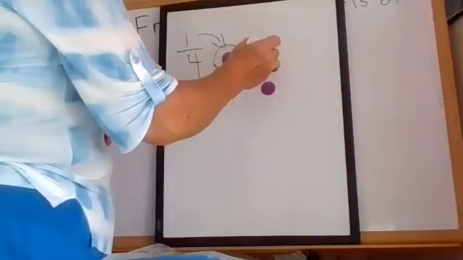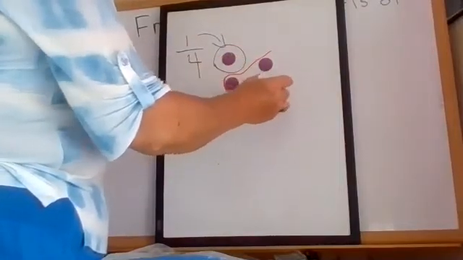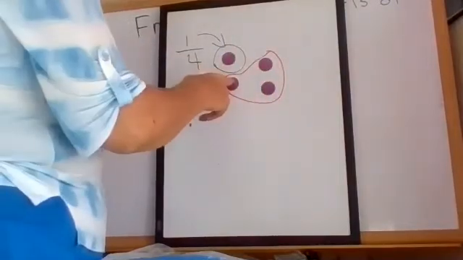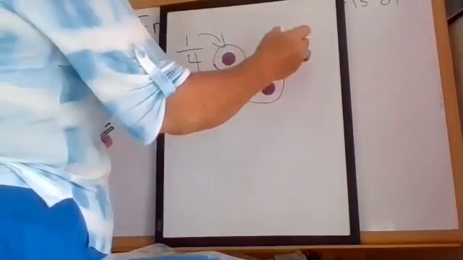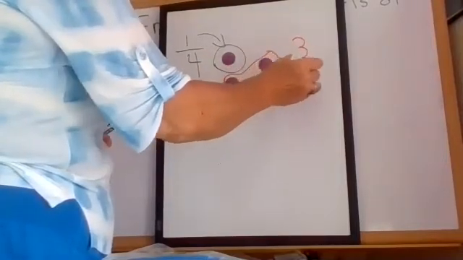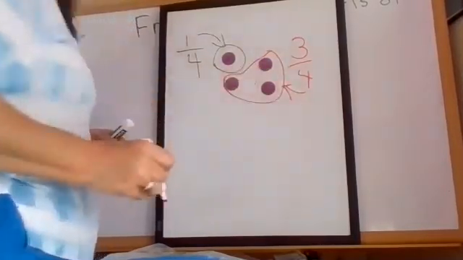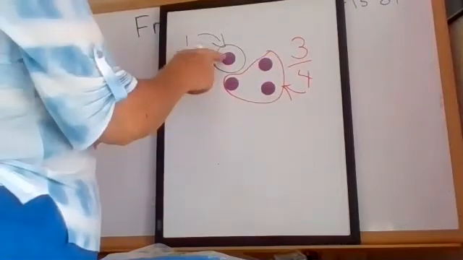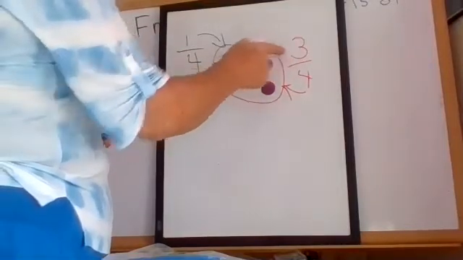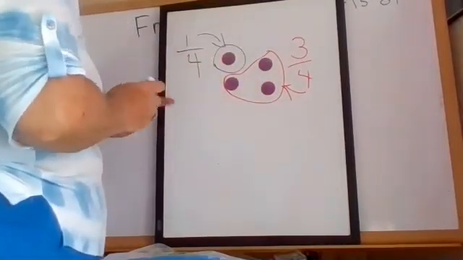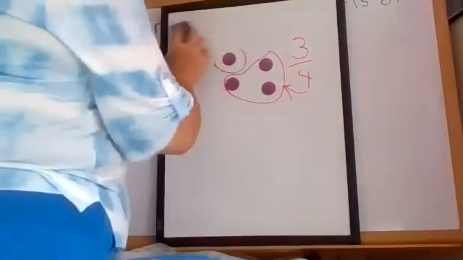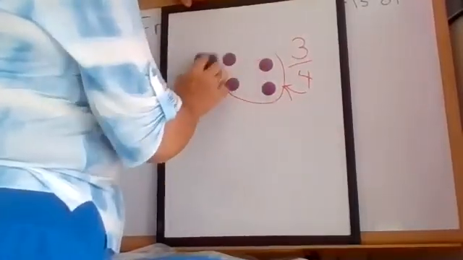How many are left? Well, let's draw a line around it and see. 1, 2, 3. We have 3/4 that are left. Okay, so here's 1/4. Here we have 3/4 that are left. I think y'all are getting this pretty good.